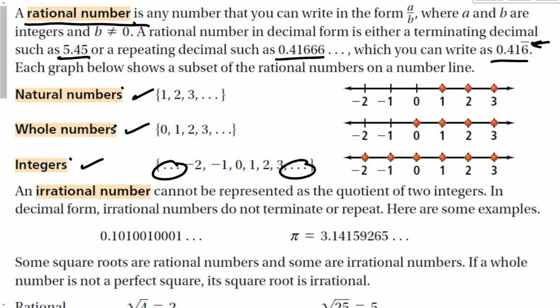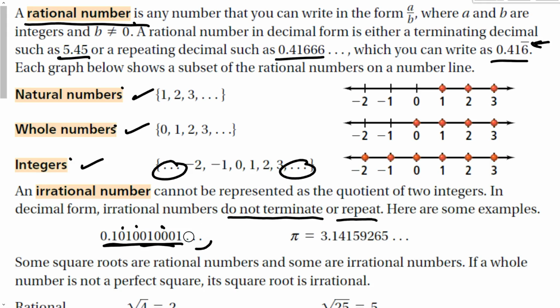If we have rational numbers, we've got to have irrational numbers. Irrational numbers cannot be represented as the quotient of two integers. In decimal form, irrational numbers do not terminate or repeat. Some examples would be something with a pattern like this that has 1, 0, then 2 zeros, and 3 zeros. And these ellipses mean this pattern continues.